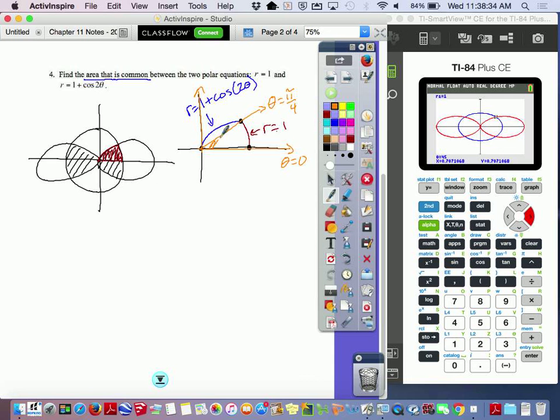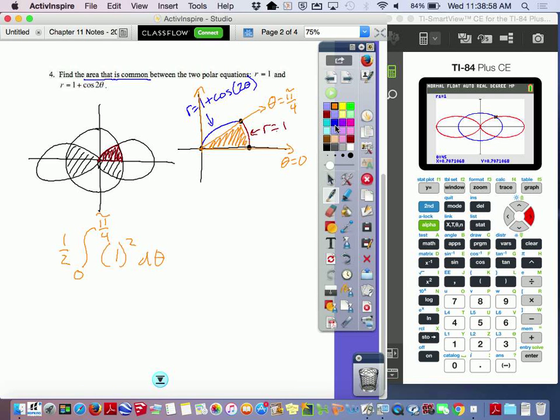That's going to give me the sector that gets created between the origin and that circle. So I'm going to write an integral up for that part. I'm going to do the integral from 0 to pi over 4 of 1 squared d theta. And then I'm going to put the 1/2 in front.